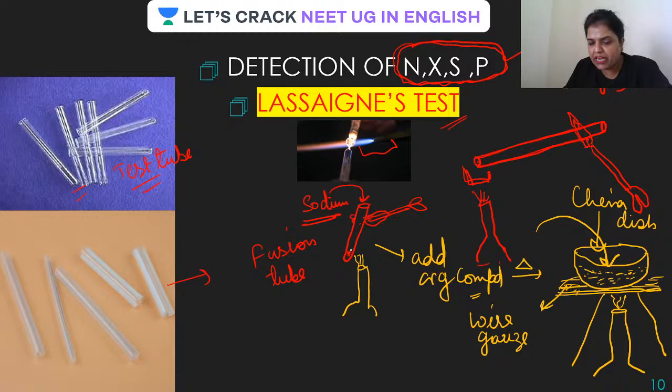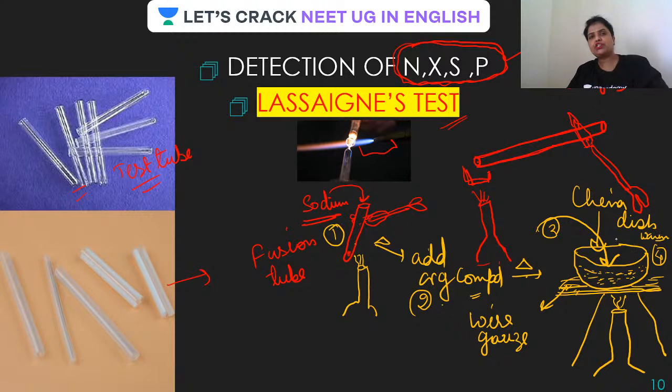I'm repeating once again: step 1, take a fusion tube, add sodium to that, heat it. Step 2, add organic compound, heat it. Step 3, plunge it into the china dish containing water, and step 4, warm it. Why do we warm it?